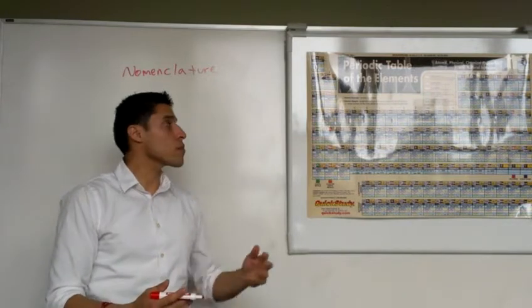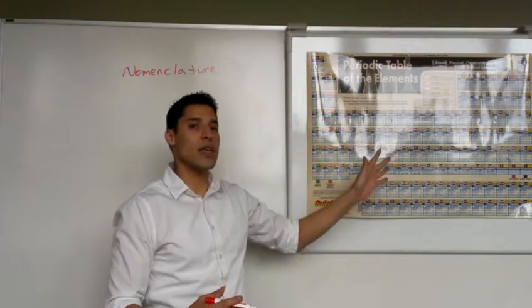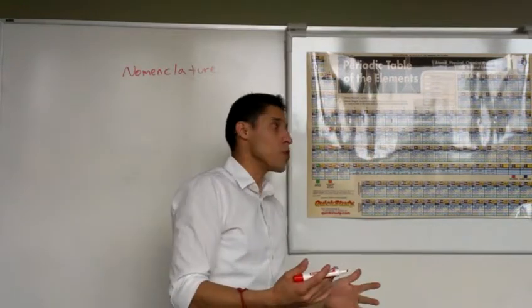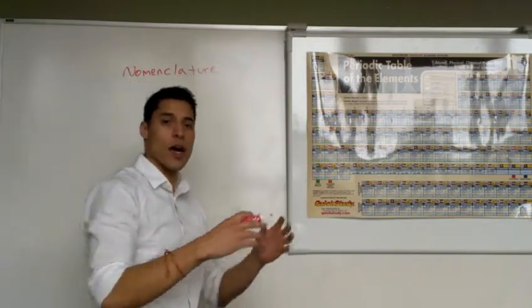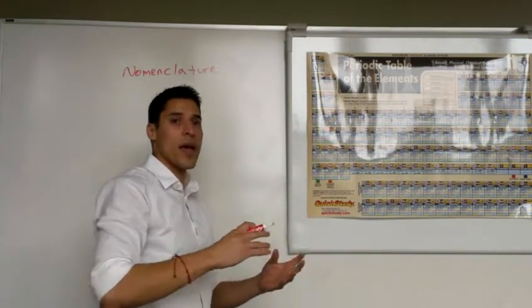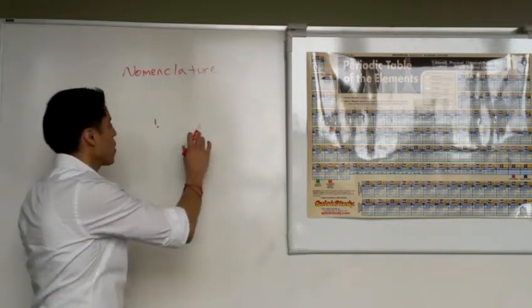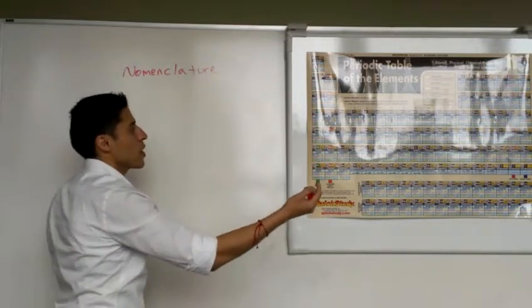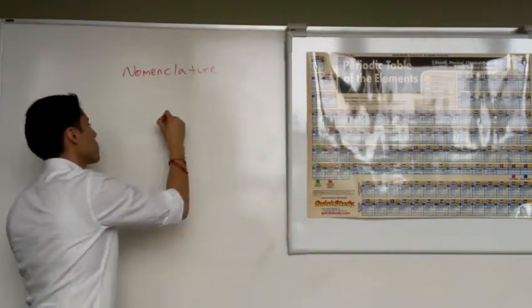Now, when naming a nonmetal and a metal, it's basically the same thing, you just don't have to use prefixes. So, same rules. You're going to use the full name of the first atom, and the second atom, you're going to change the ending to ide. For example, we can have something like, pick sodium and fluorine.